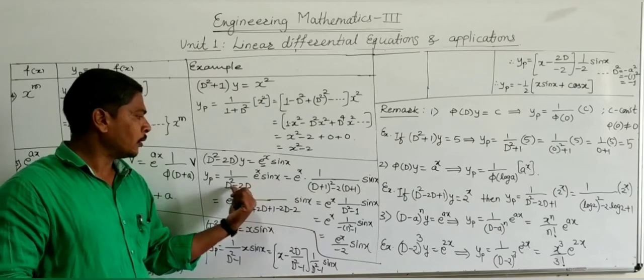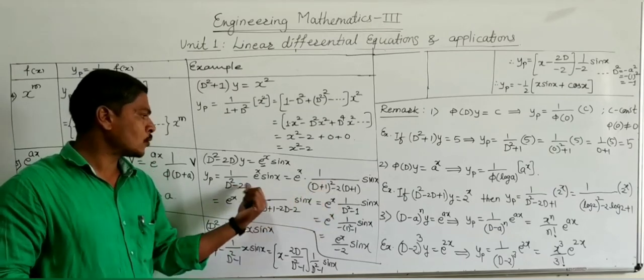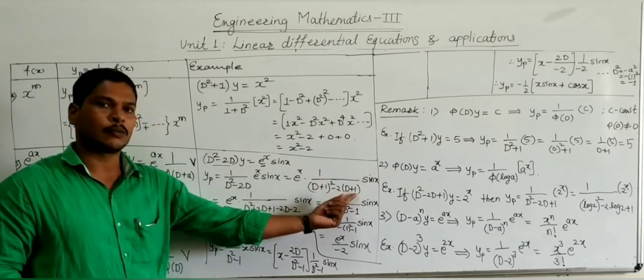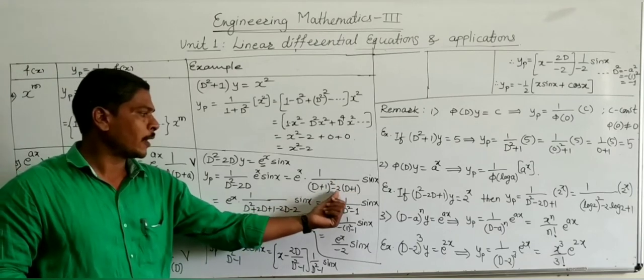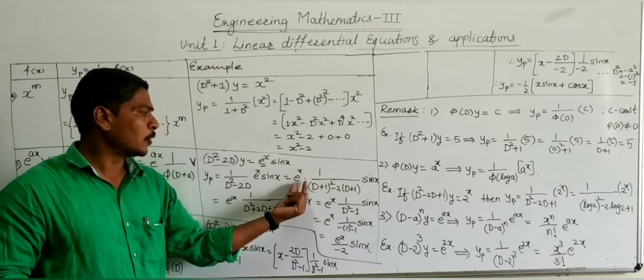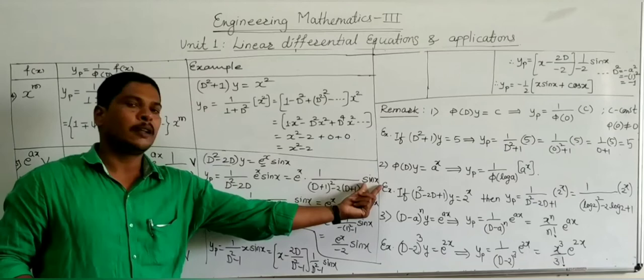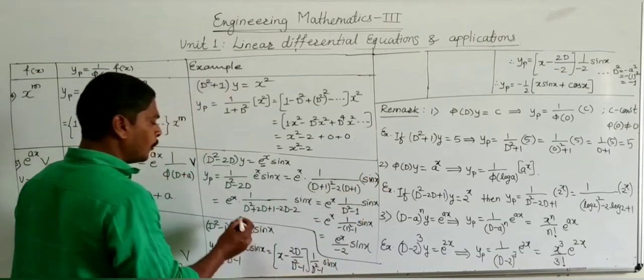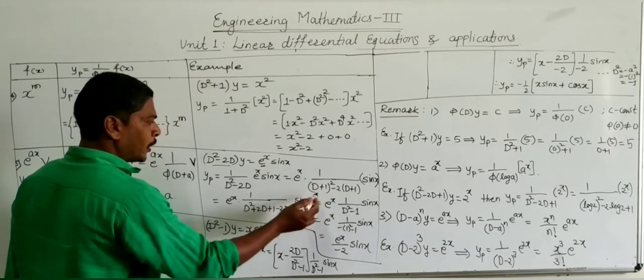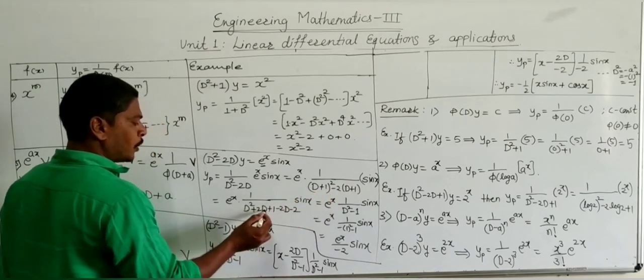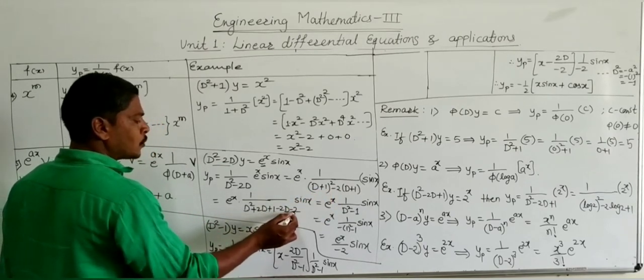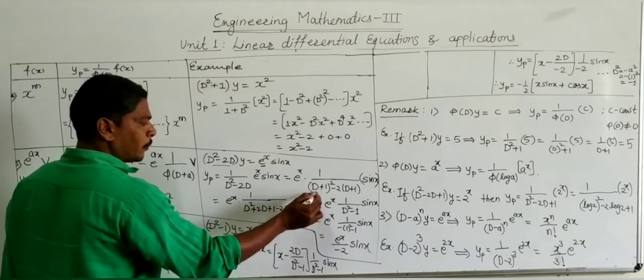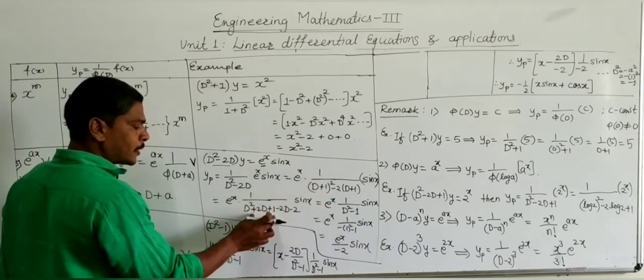We get (D plus 1) square minus 2 (D plus 1), exponential function outside, remaining function sin x as it is. Simplifying, this becomes D square plus 2D plus 1 minus 2D minus 2, using the formula (a plus b) square for the expansion.